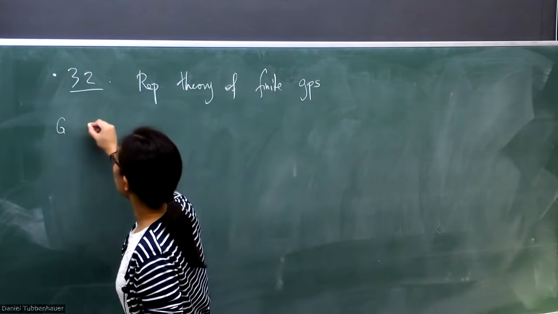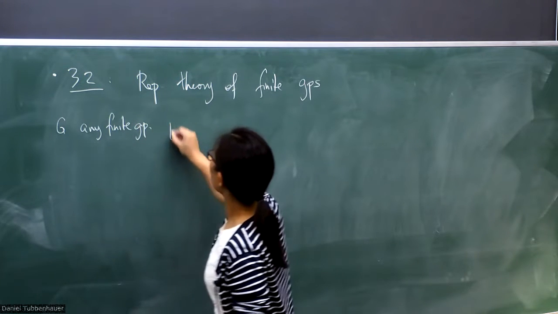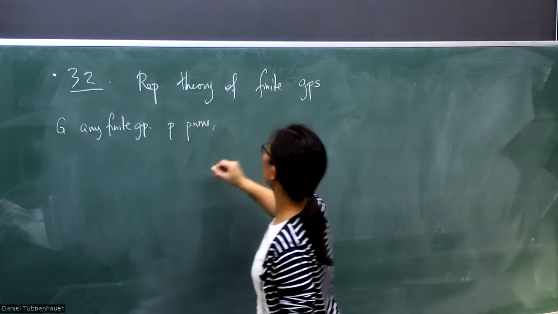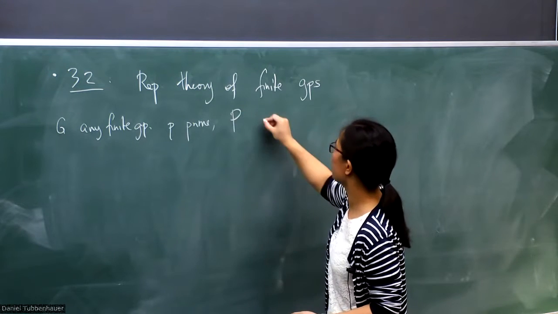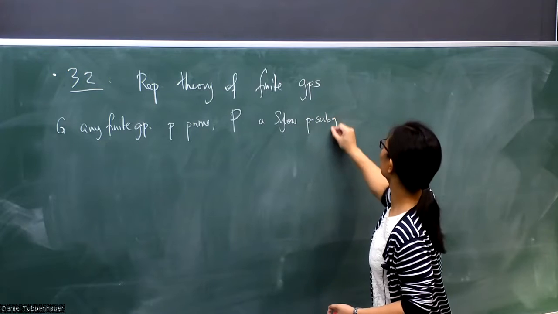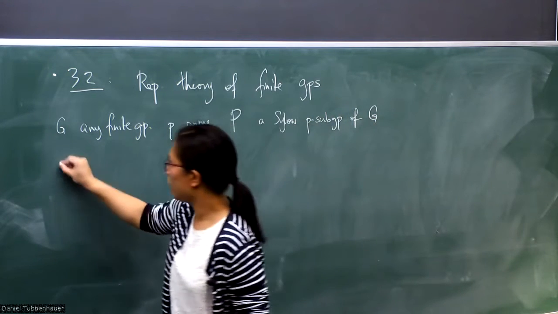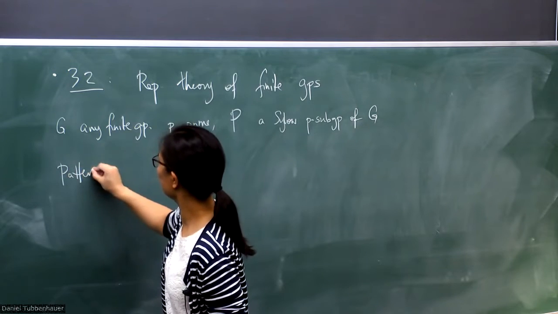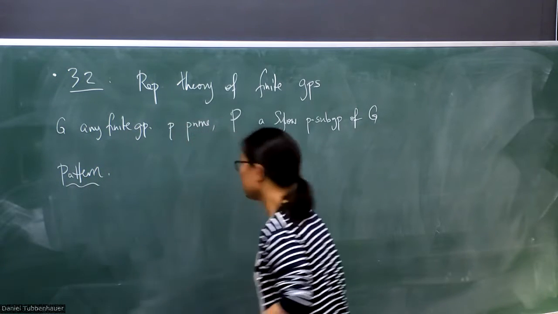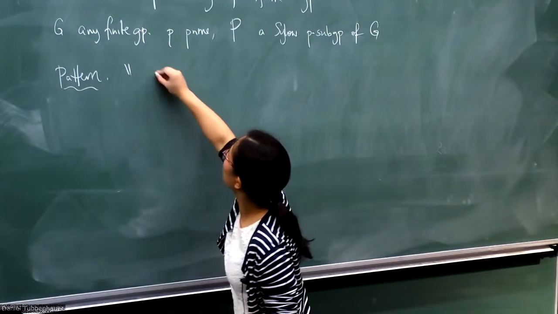Here G is any finite group, p a prime, and I'll let capital P denote a Sylow p-subgroup of G. Then the nice pattern is the following.